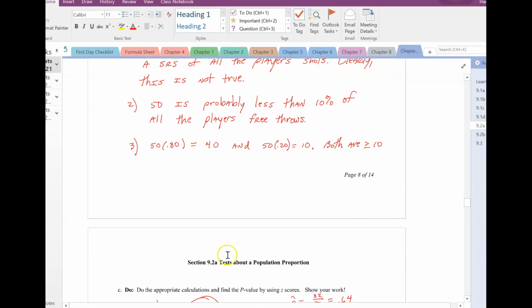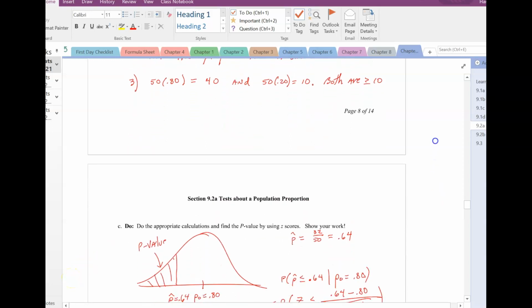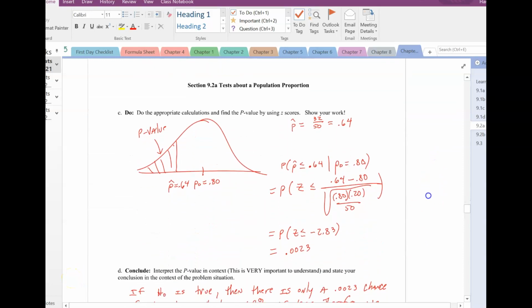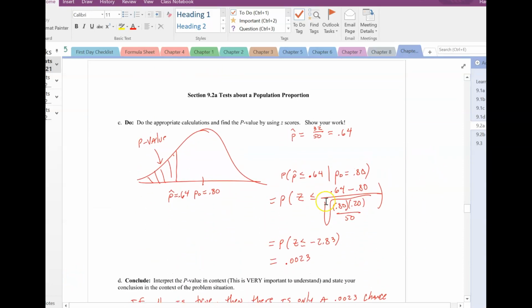Well, that means that we need to determine where our sample falls on the sampling distribution. So if you take a look at the work on the screen here, we have our sampling distribution. The mean of the sampling distribution is the proportion from the null hypothesis. You'll see that symbol being a p subscript 0 is 0.8. Where did our sample fall?